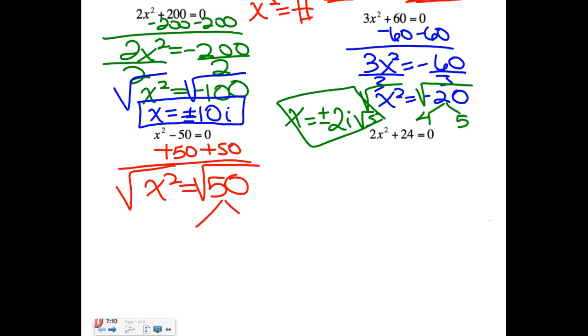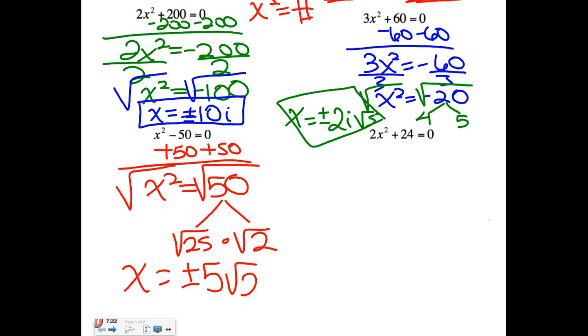So we're going to do how we did last week. I can take out a 25. 25 times 2 gives us 50. So I'm going to have x equals positive negative 5 square roots of 2. Again, no i because the number is positive.